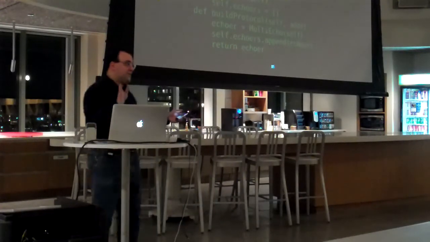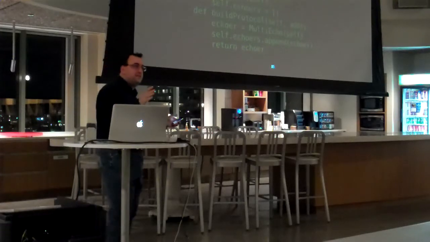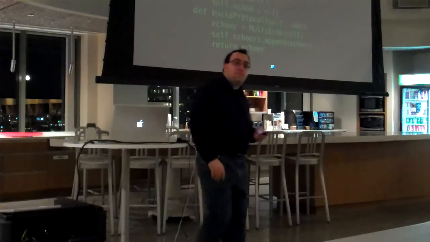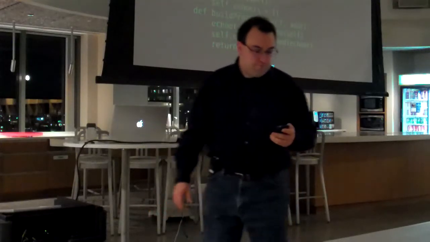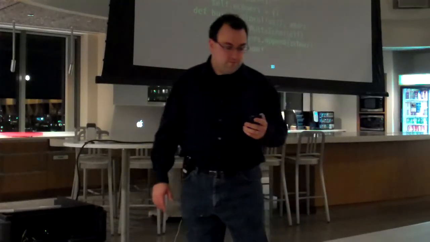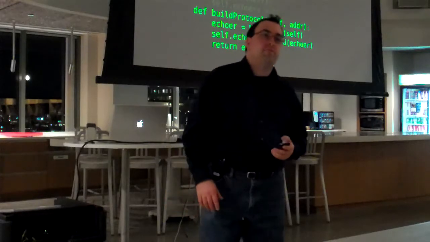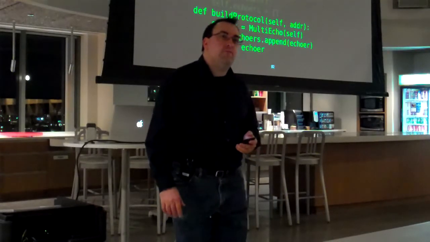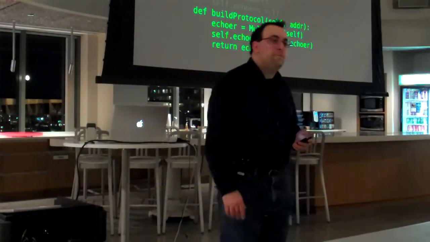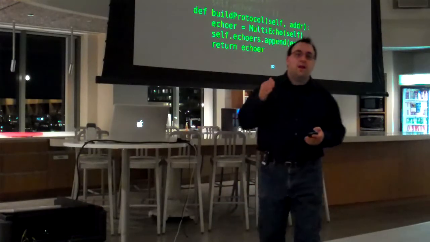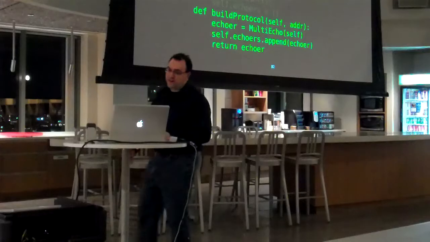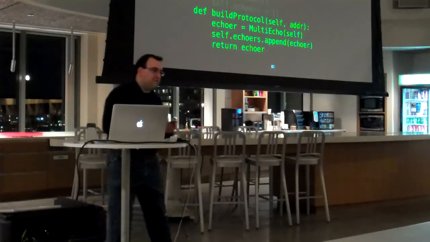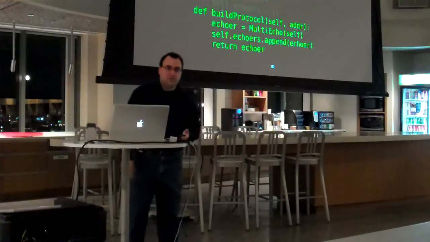So does anybody have a question about the code on this slide? Yeah? I'm sorry, I got confused about the build protocol method. When you hand the protocol factory to the reactor, does that get called every time there's a request, or does that get called a finite number of times? So the question was, when you pass a factory back to the reactor, when and how does the build protocol method get called?